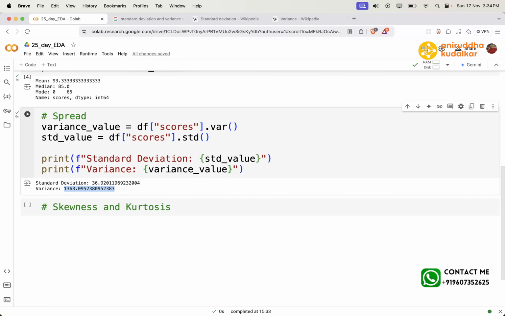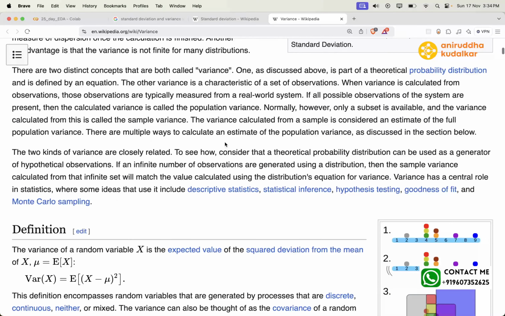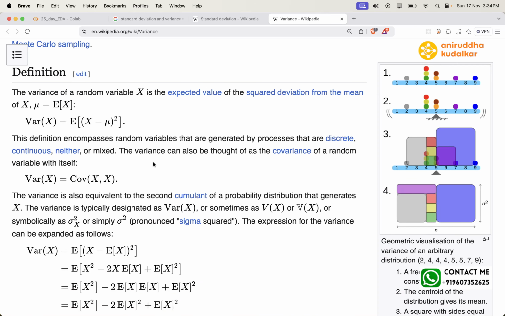Whenever we are performing EDA, you need to know what the variance and the standard deviation are. These two things come from statistics. This is the formula for calculating the variance, where Var of X equals the expected value of your number minus the mean, squared.